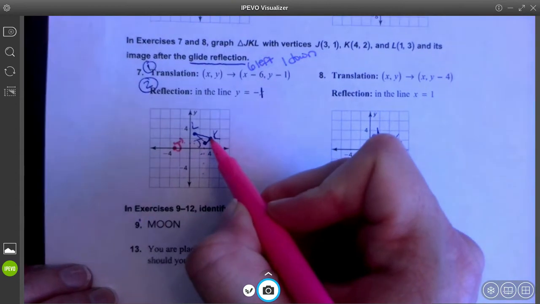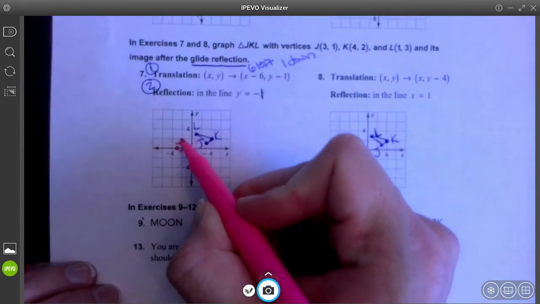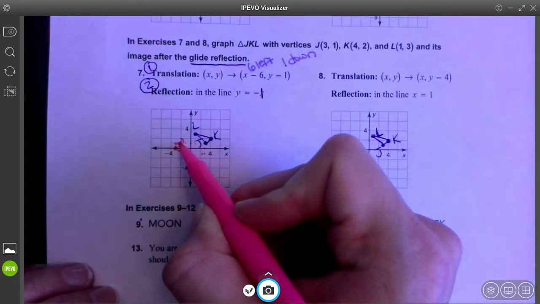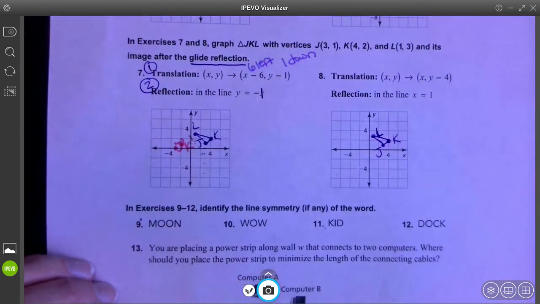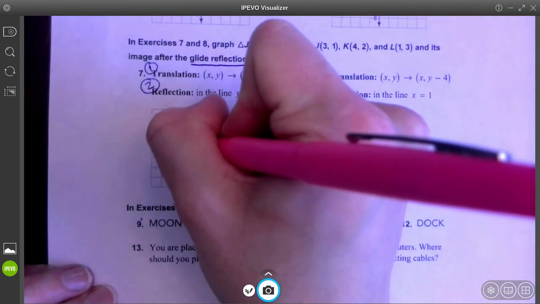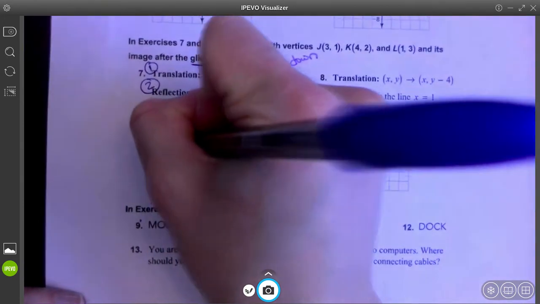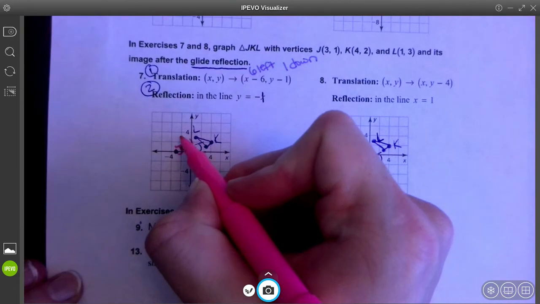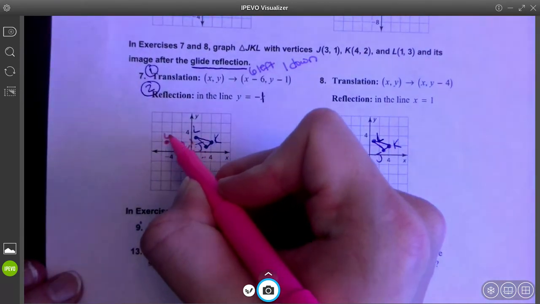K is going to move 6 units left. 1, 2, 3, 4, 5, 6, and 1 unit down. I kind of ran into my label. K prime. And then L is going to move 1, 2, 3, 4, 5, 6 units left and 1 unit down.